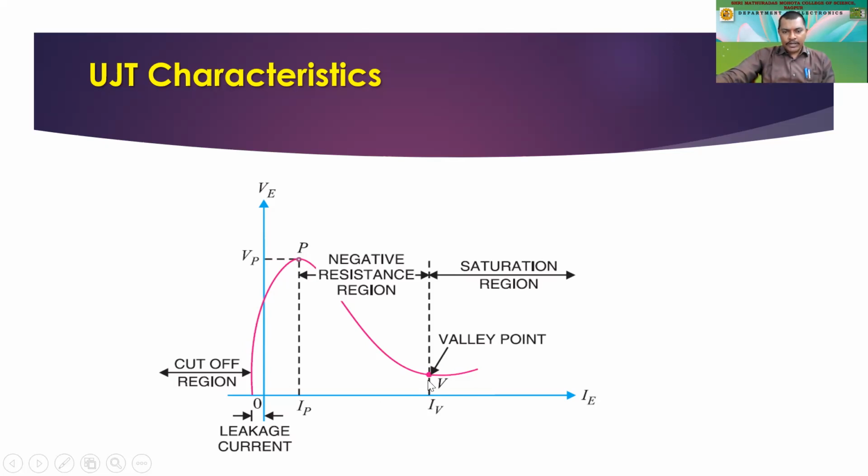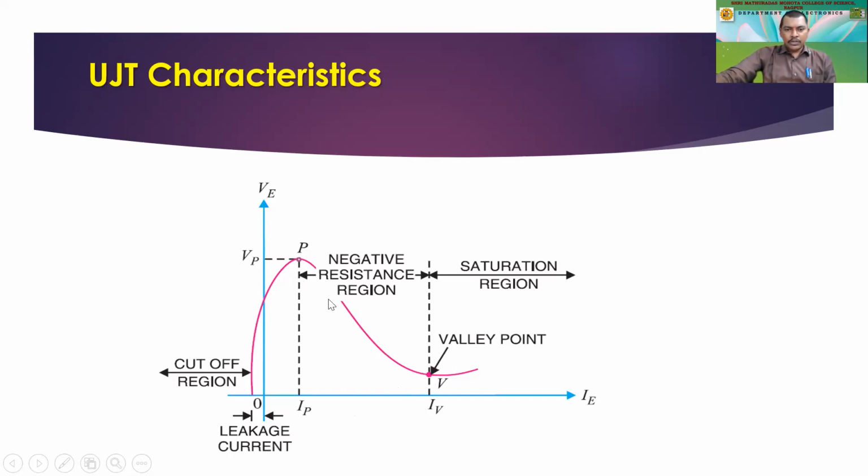Now, if you see this point over here, we have some definitions related to this. When the voltage drops and the current increases rapidly, this is called the negative resistance region. Here, the resistance of the UJT, the unijunction transistor, decreases. That's how the current is being increased.